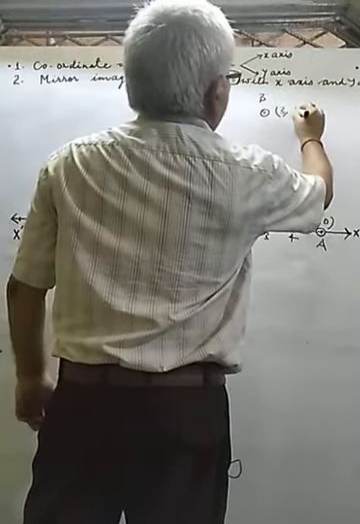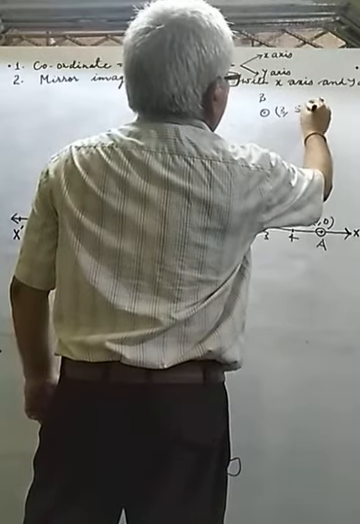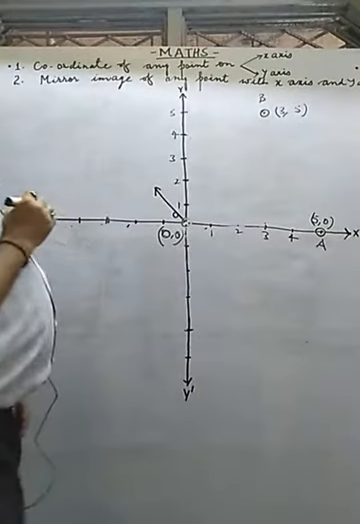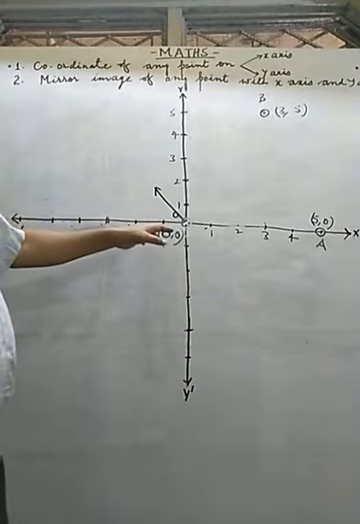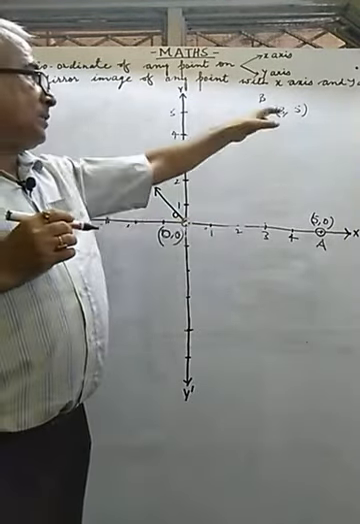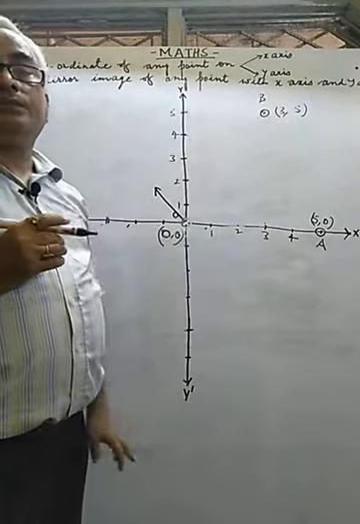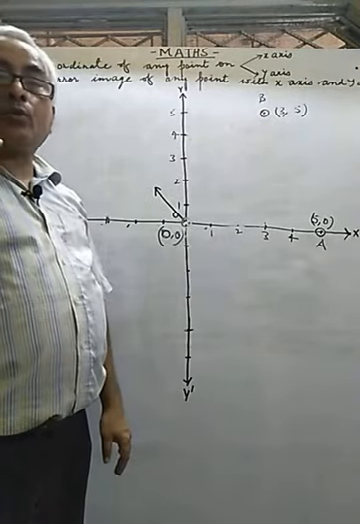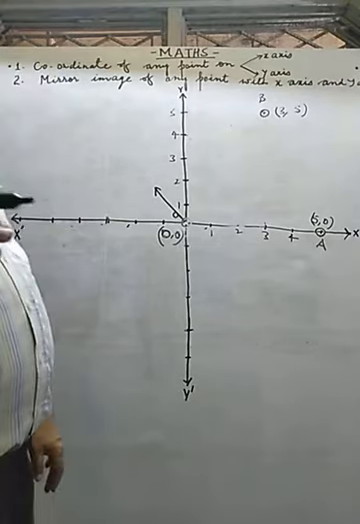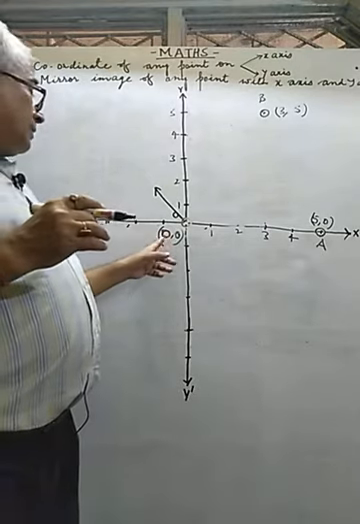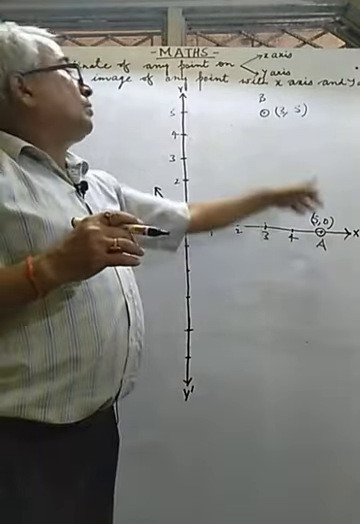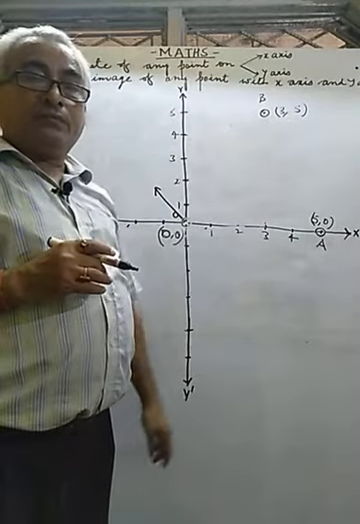So ordinate is 5 here. Mark here. Now point O, point A, point B are traced on the basis of their coordinates. The coordinates are given: 0, 0, 5, 0, 3, 5.